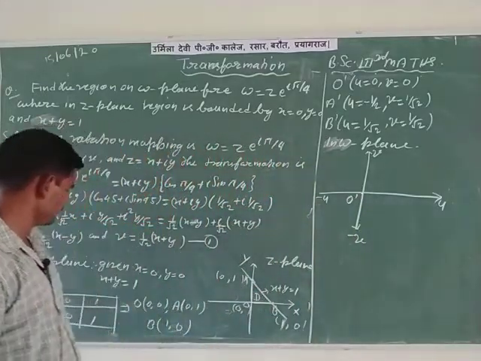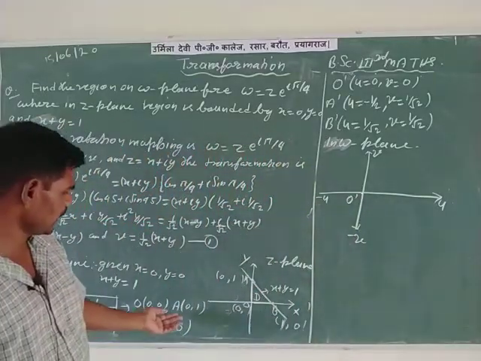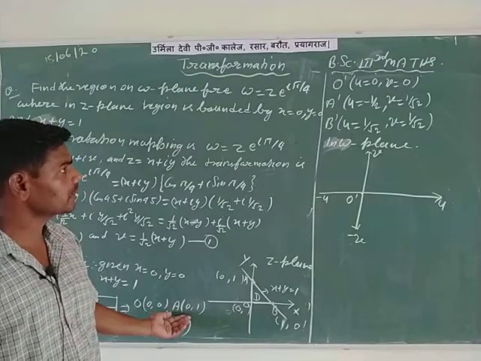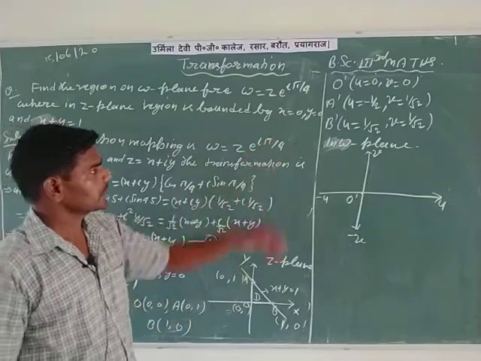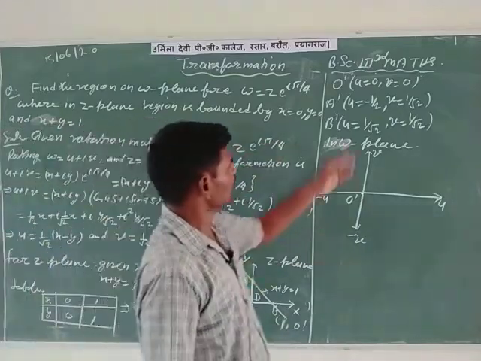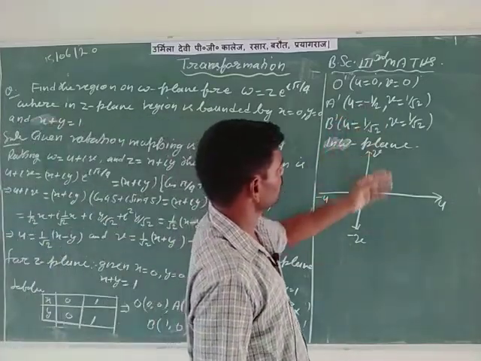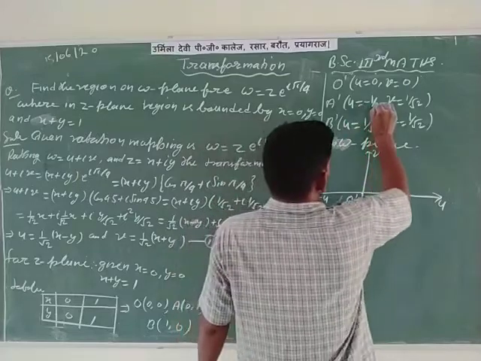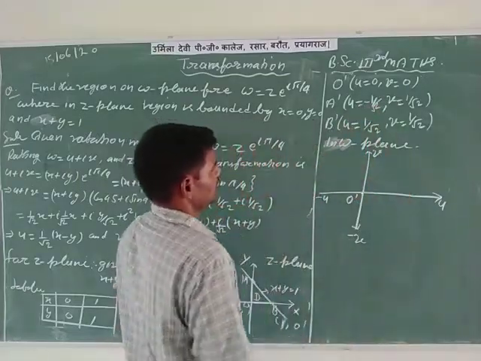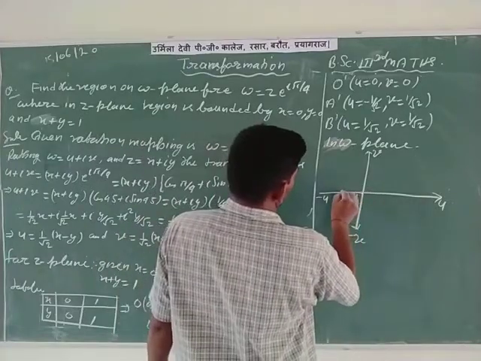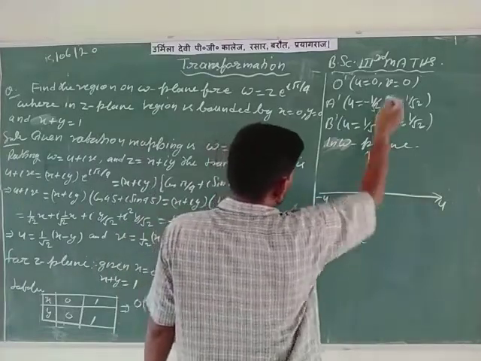After this, the coordinate of A dash corresponding to point A is minus 1 by under root 2 for u and 1 by under root 2 for v. So on the u axis we take the negative sign and on the v axis the positive sign.